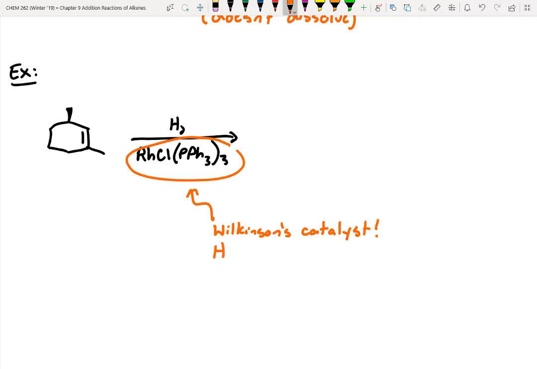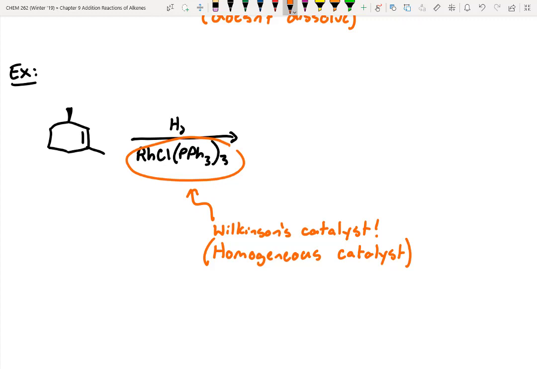This is homogeneous, or homogeneous. So you may occasionally see this used. It's a homogeneous catalyst, but it does the exact same thing as the palladium or platinum.